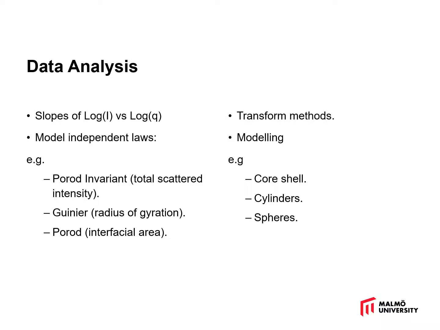But I'll focus most of what I talk about today on modelling, because this is the most popular way of getting structural information from scattering curves, and in terms of publications, it's the one that people believe the most. So when you're dealing with skeptical reviewers, it's possibly good to have a model in.